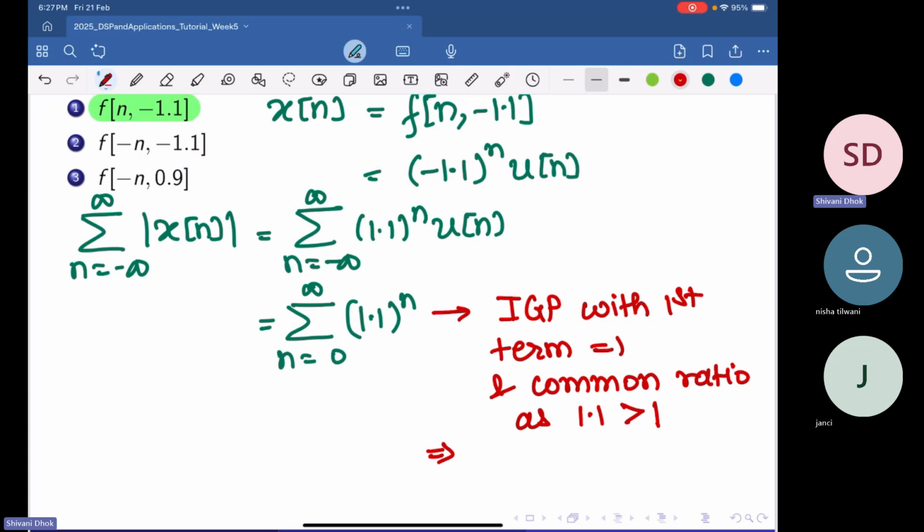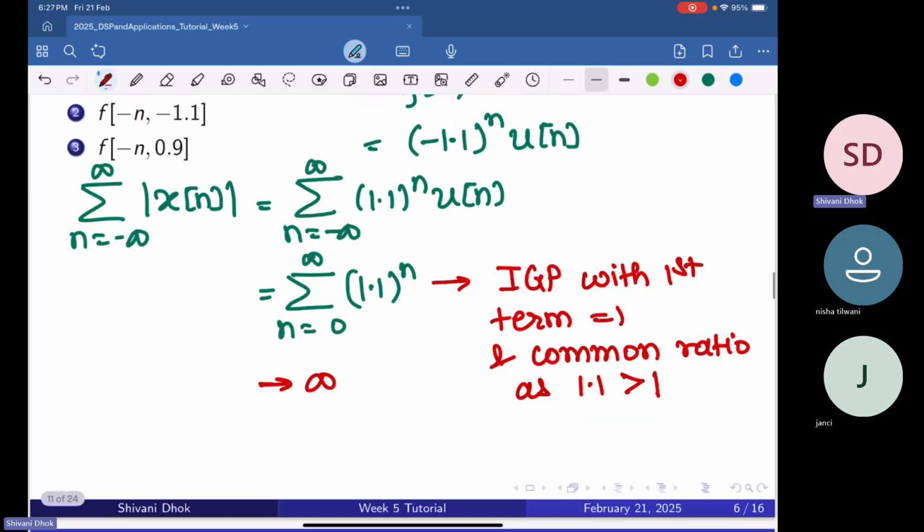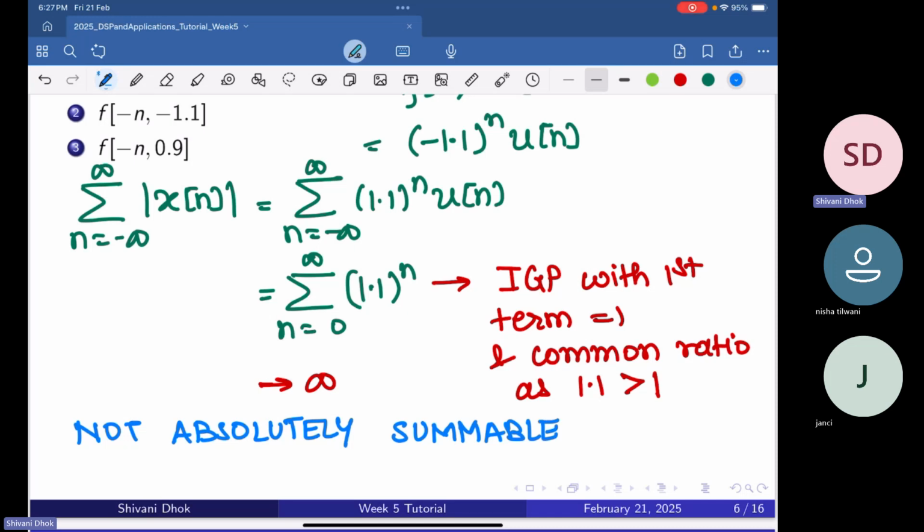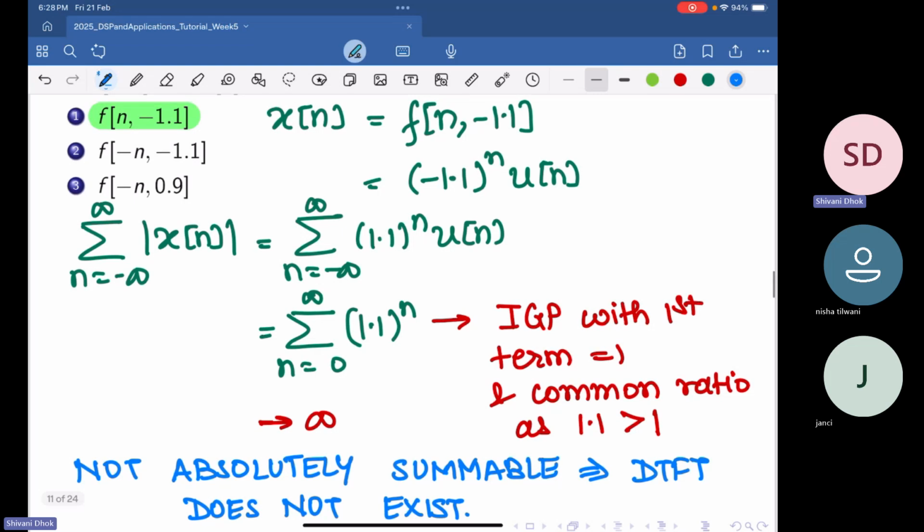Therefore this diverges, which means it tends to infinity, which means that this x of n is not absolutely summable, which means the DTFT does not exist. Is it clear? Any problem in this particular question?